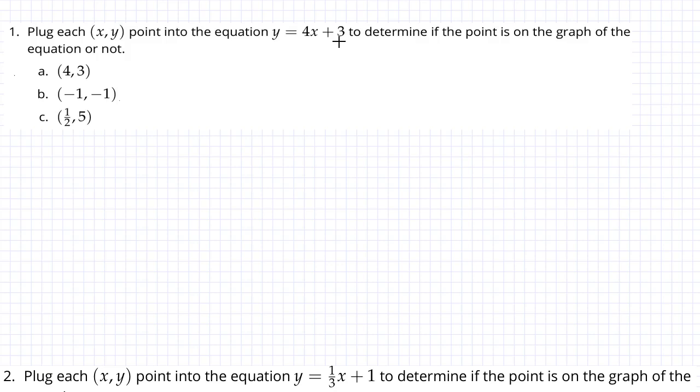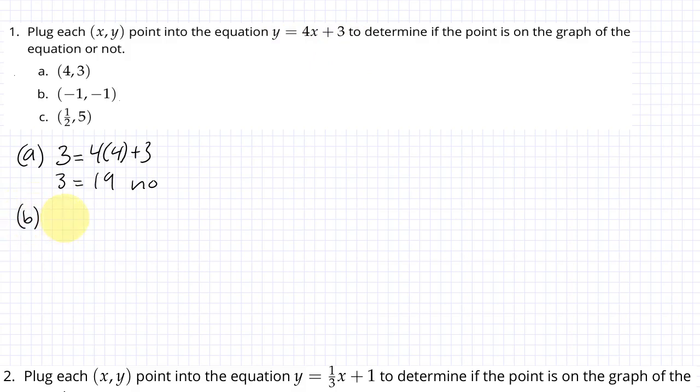So let's see if these points are on the graph or not. So for A, we're going to plug in x equals 4, y equals 3, and nope. That will give you 3 equals 19. That means that xy point that we had there is not a solution of the equation, so it's not on the graph.